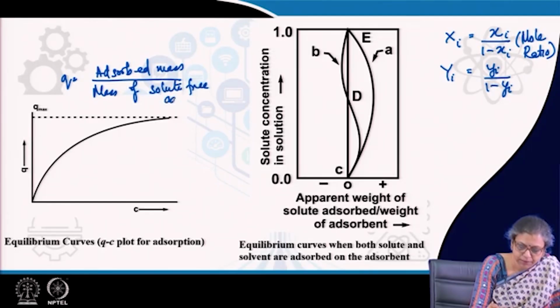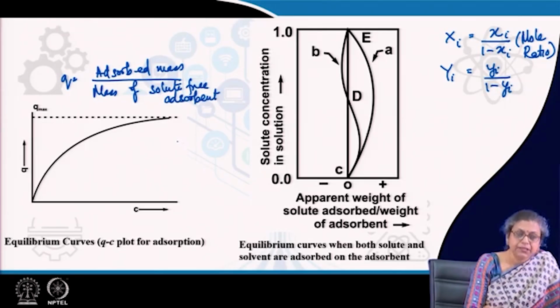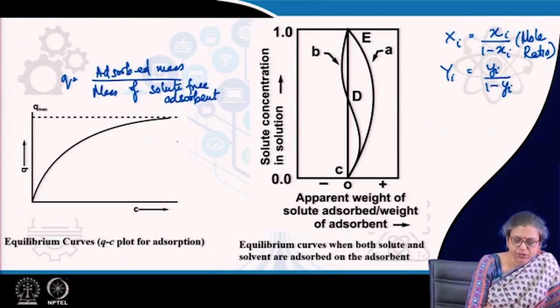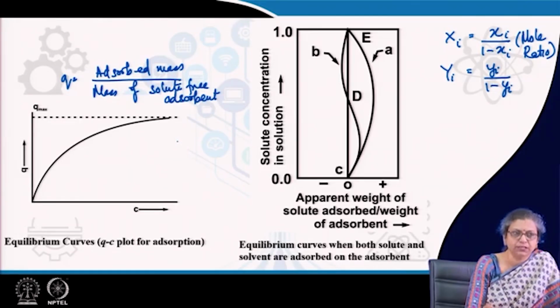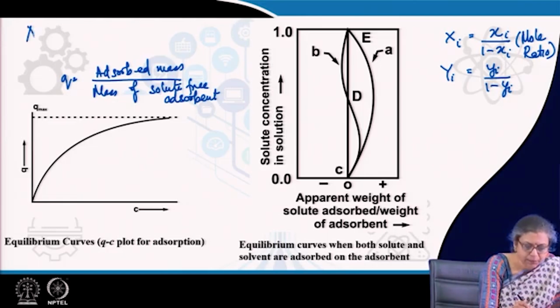solute free adsorbent. Now, before I start the equilibrium, I would like to mention that when we are having the process of adsorption, the component which is adsorbed is known as adsorbate.